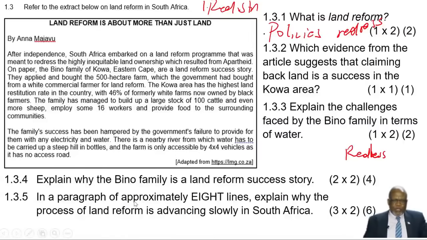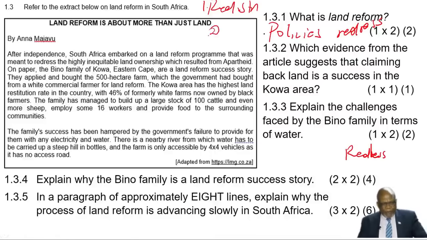It is trying to provide land to people that were previously disadvantaged, giving land to previously disadvantaged people or communities for agriculture or for residential use. So that's your land redistribution.